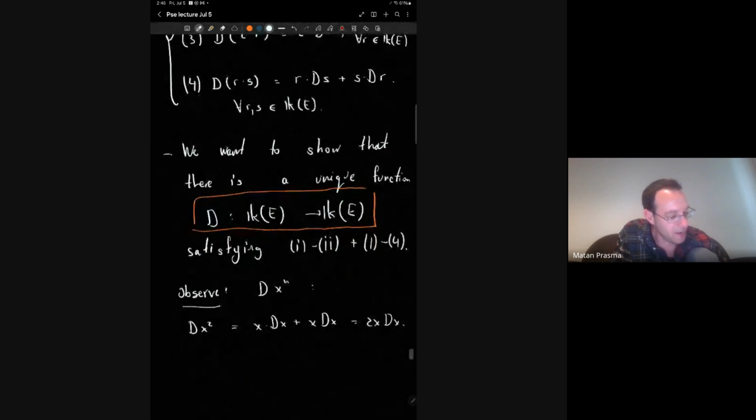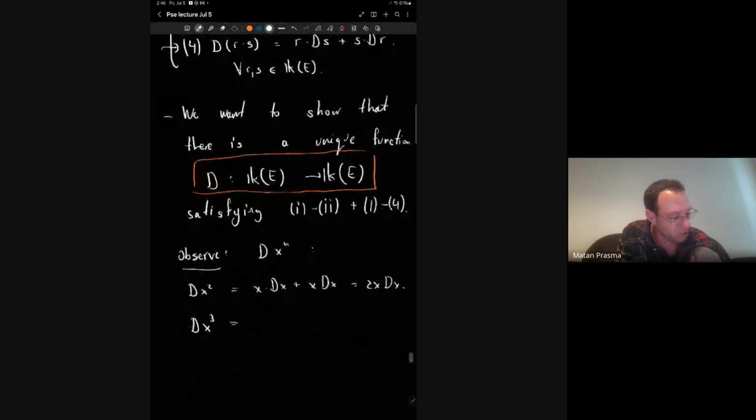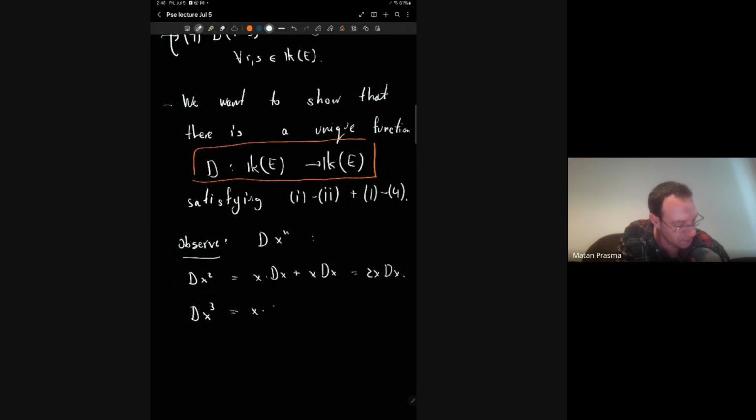The reason is, d of x squared is 2x dx. Then you do d of x cubed. You can write it, again using the fourth property, which is the most important, as x times d of x squared plus x squared times dx. But d of x squared we calculated: this is 2x dx. So this is x times 2x dx plus x squared dx.